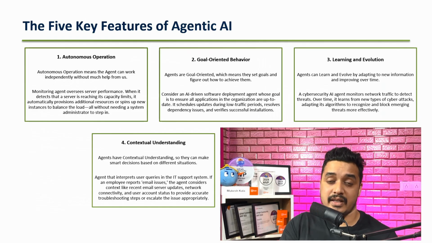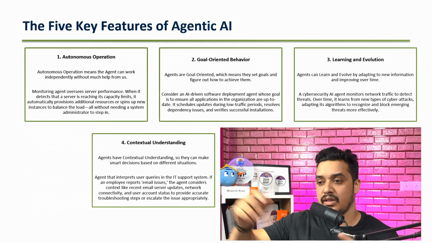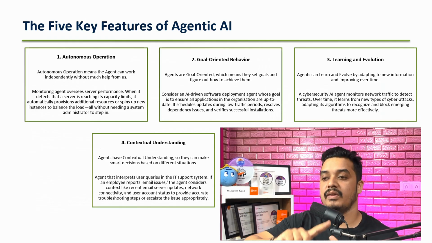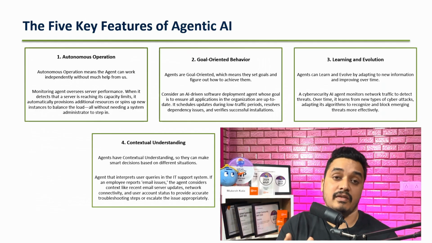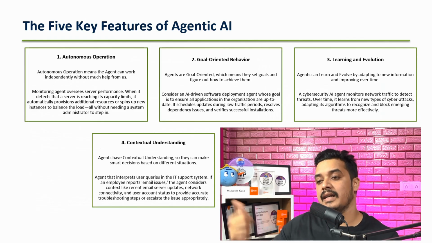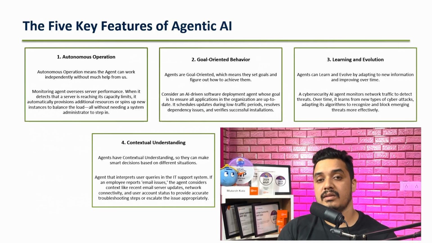If the employee says, hey, my issue is in the email, or I am facing an email server issue, the agent understands the context, and it checks whether your network connectivity is there, whether there are any email patches going on, whether there is any server update happening, and it will try to troubleshoot the basic things. If it cannot, then it will escalate to a human person, right? So basically it understands the context based on the user request.